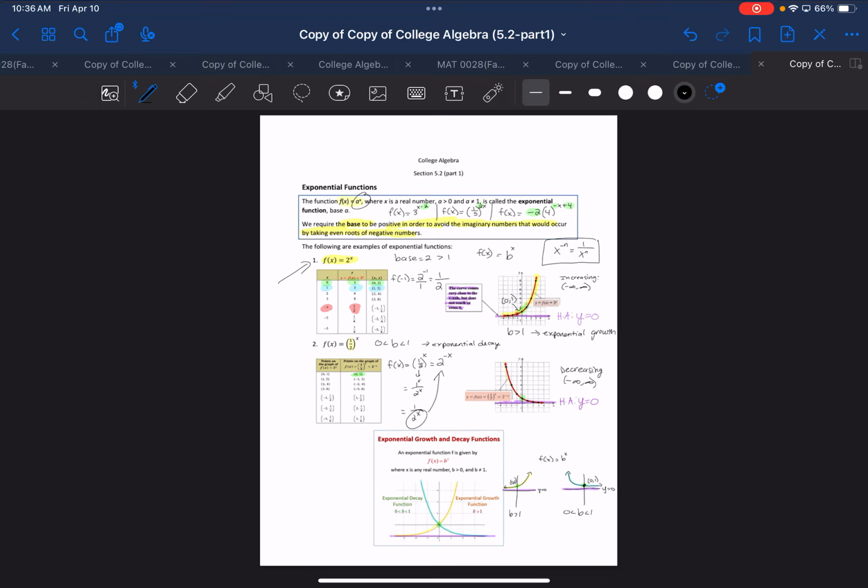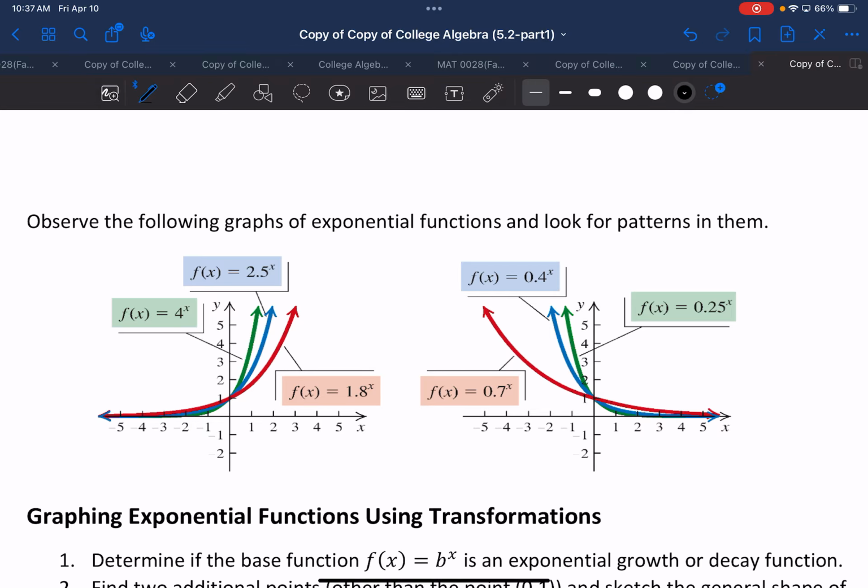So, I have included a couple of other examples here of different types. Again, these are all in the base graph form, some base raised to the exponent of x. So on the left, these are examples of exponential growth because all of the b's are greater than 1. And they can be decimals, that's fine. 2.5 is still greater than 1. 1.8 is still greater than 1.